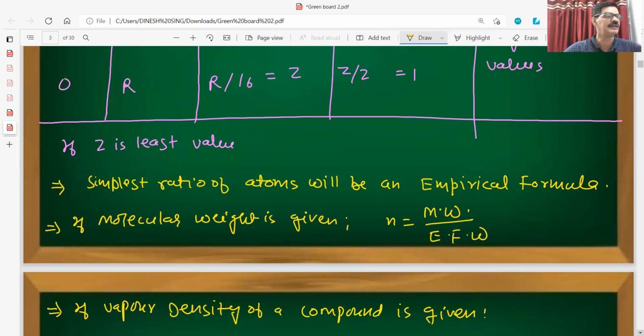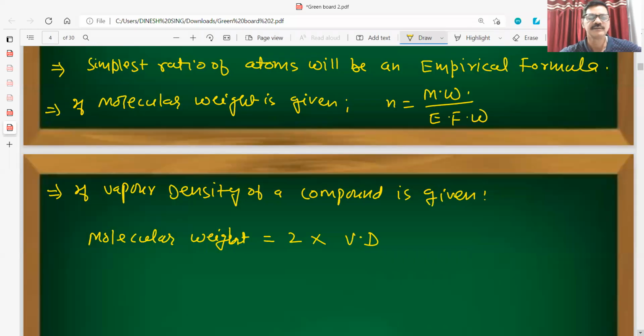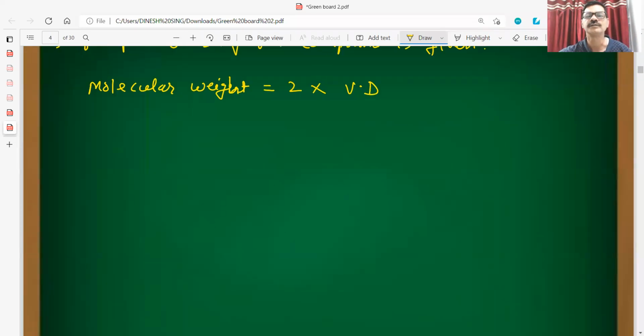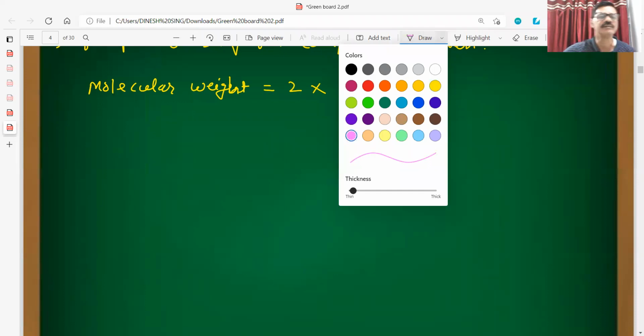After this I will discuss some problems. This is the first problem I am discussing. I am writing the question here. This is example number 1.